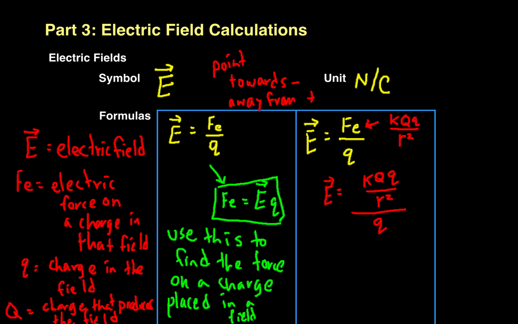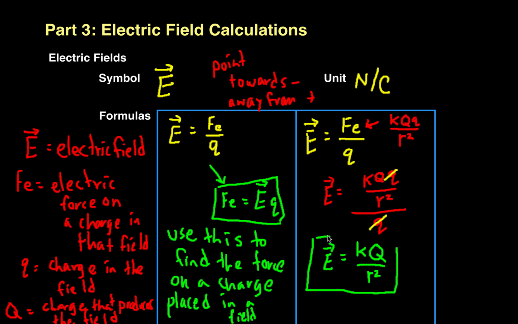But we see the charge that's in the field is in both the numerator and denominator of this formula, so it can cancel out. This leaves us with the electric field equal to Coulomb's constant times the charge that produces the field divided by the distance from that charge squared.